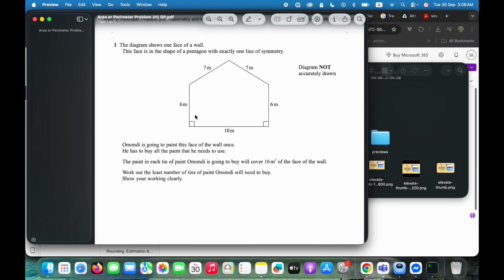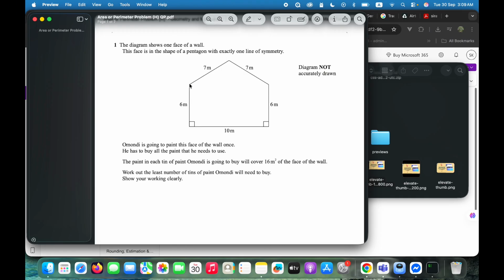In order to figure out the least number of tins, we have to figure out the surface area of this face of the wall. We have the values of the edges of the pentagon-shaped wall. If I draw a horizontal straight line here, it will divide the shape into two parts, a triangle and a rectangle.